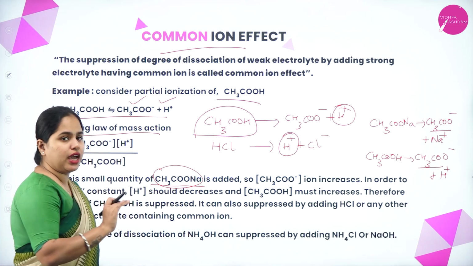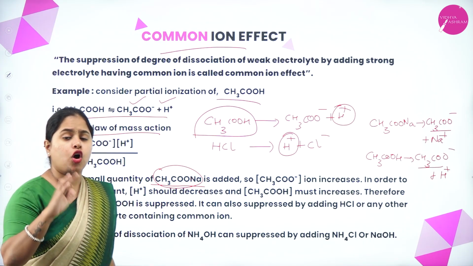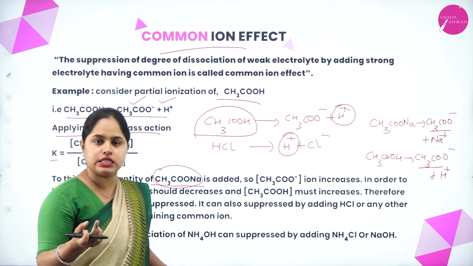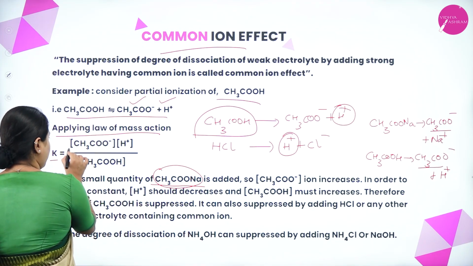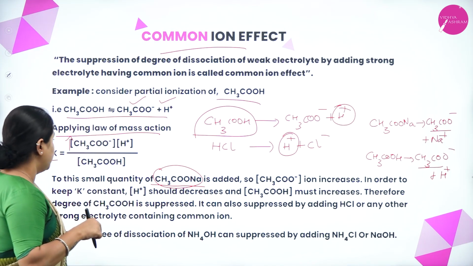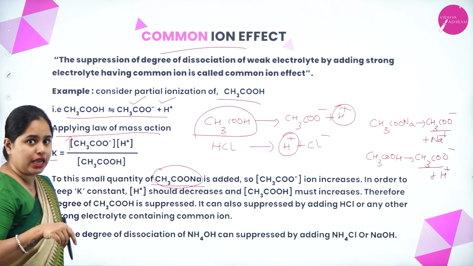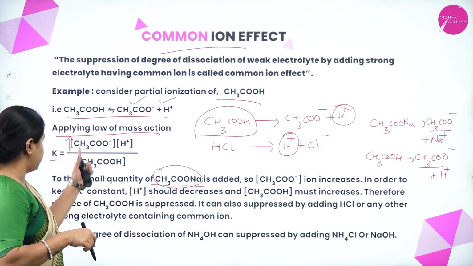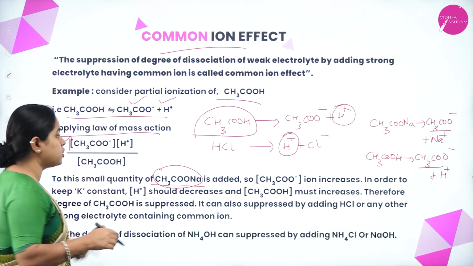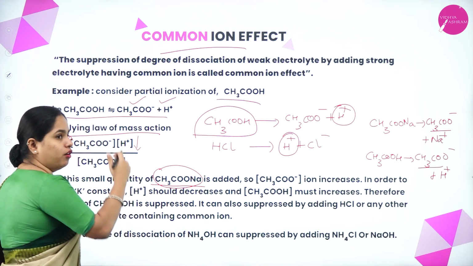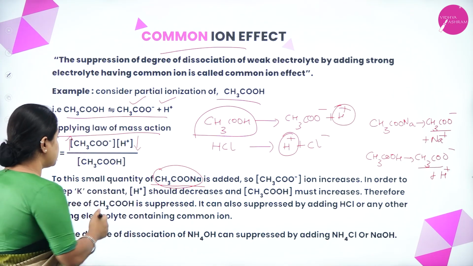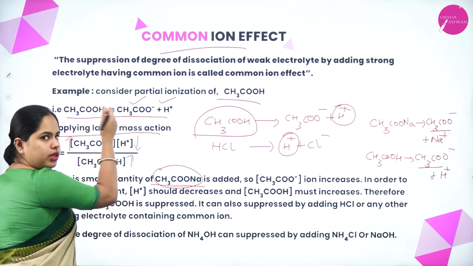Now as we have added the salt, what happened? The concentration of acetate ion has increased. To keep the equilibrium constant the same, this shouldn't change. If the concentration of acetate ion has increased, what should be done? The concentration of H plus should decrease, or else the concentration of acetic acid should increase, right?